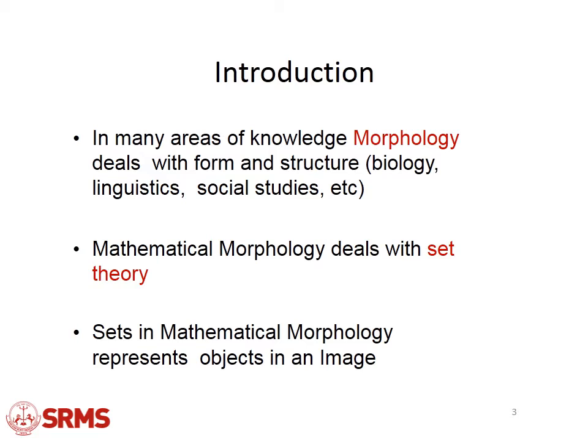Mathematical morphology deals with set theory, which has intersection and union, and different kinds of binary operations on certain images. First and foremost, we convert the image into binary format.